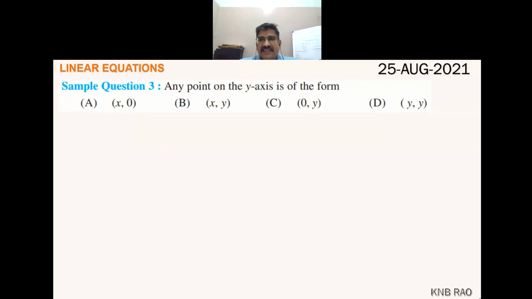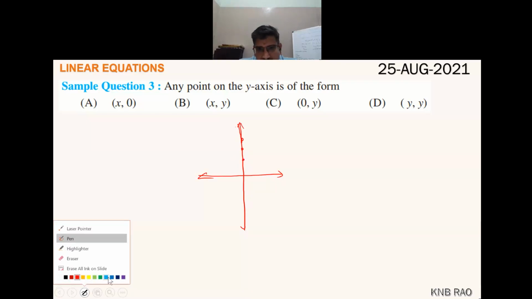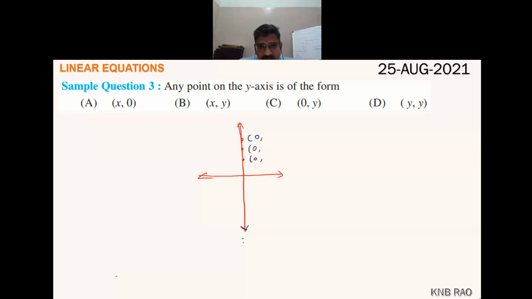Any point on the y-axis is of the form... See children, any point that lies on the y-axis should have its abscissa being 0. Its abscissa is 0 gives the equation for the y-axis as x equals 0. This is the equation of the y-axis.